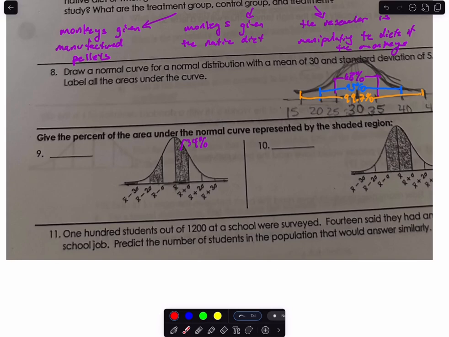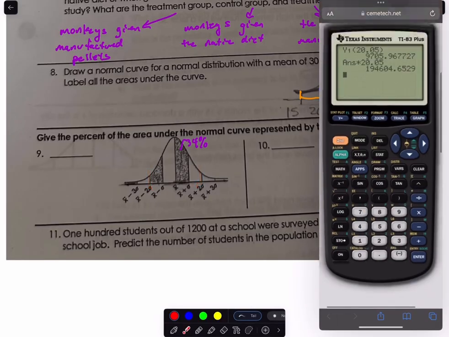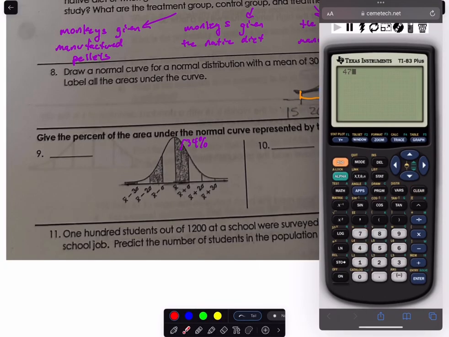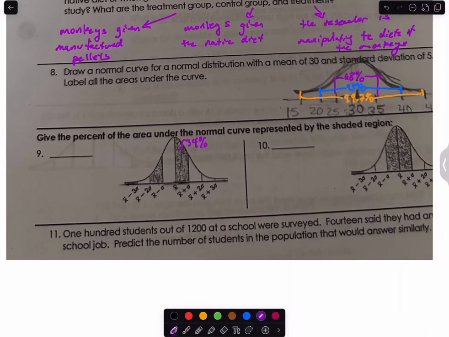If from here to here is 95, we can cut it in half. Half of 95 is 47.5, but then we have to remove the 34% from the 47.5. So hopefully that's making sense, all right? 47.5 minus 34% gives us 13.5% for that shaded region. It's this guy.